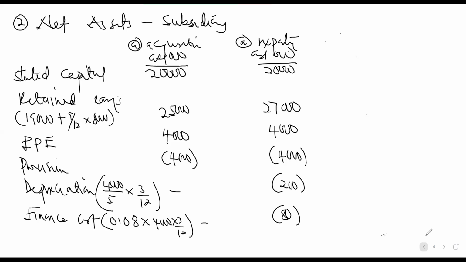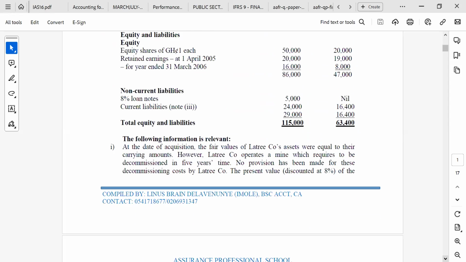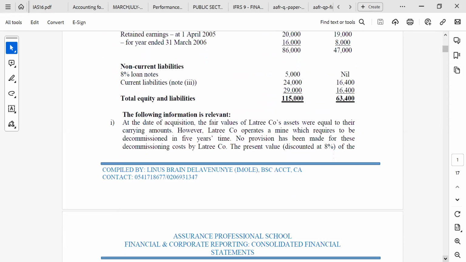They say the present value of the decommissioning cost. Okay, let me read that one for you again. They have done the discounting already. So I'm not seeing provision multiplied by 3/12. That is where my confusion was. Yes, the provision will be made on 1st January, isn't it? But our reporting period is 31 March. So it means that we have to unwind it for 3 months. Okay, I now get it, please. All right, thank you.